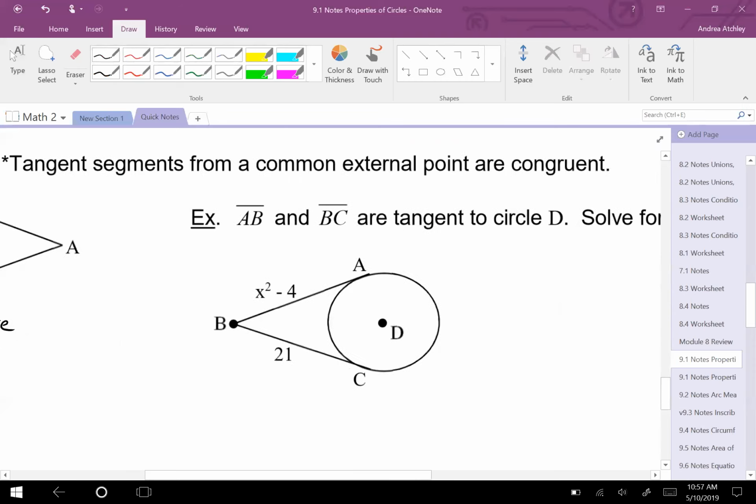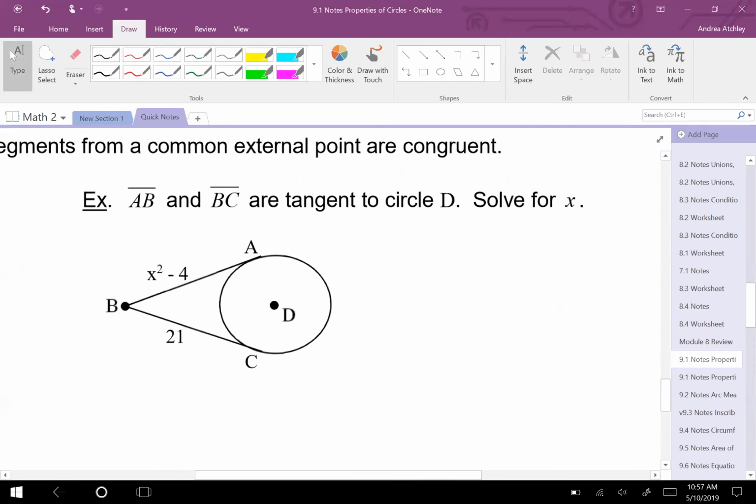So in this problem, it says that AB and BC are tangent to circle D. Solve for X. Since they are tangent, that means that BA is congruent to BC, according to that theorem we just talked about. So we can set this equal to each other. X squared minus 4 is going to equal 21. I'm going to add 4 to both sides.